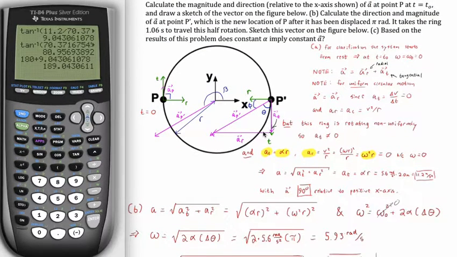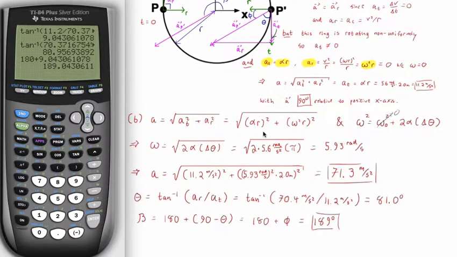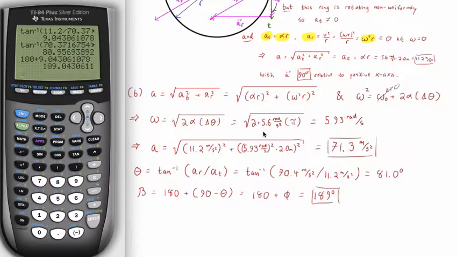Based on the results of this problem, does constant alpha imply constant translational acceleration? Okay, so, or in other words, does constant angular acceleration, alpha, imply constant translational acceleration, A?